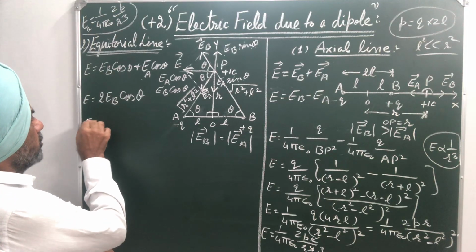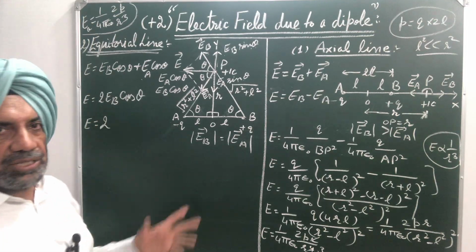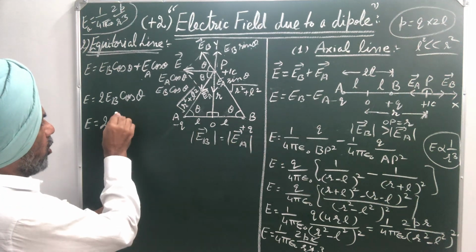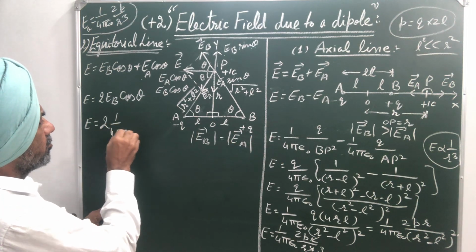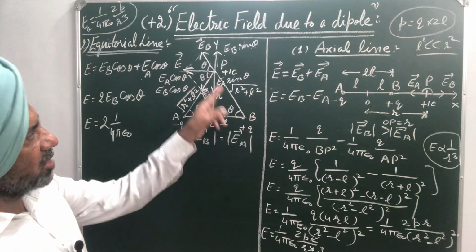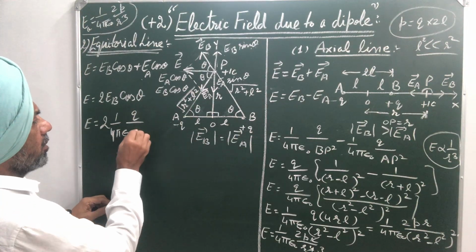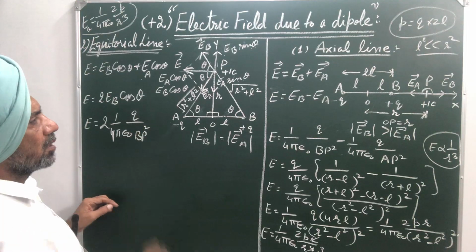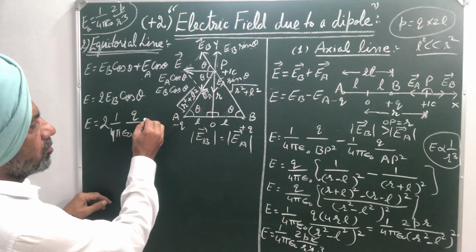E is equal to 2 times EB. What is EB again? Same formula, 1 upon 4 pi epsilon naught, charge over distance square, Q upon BP square, into cos theta.